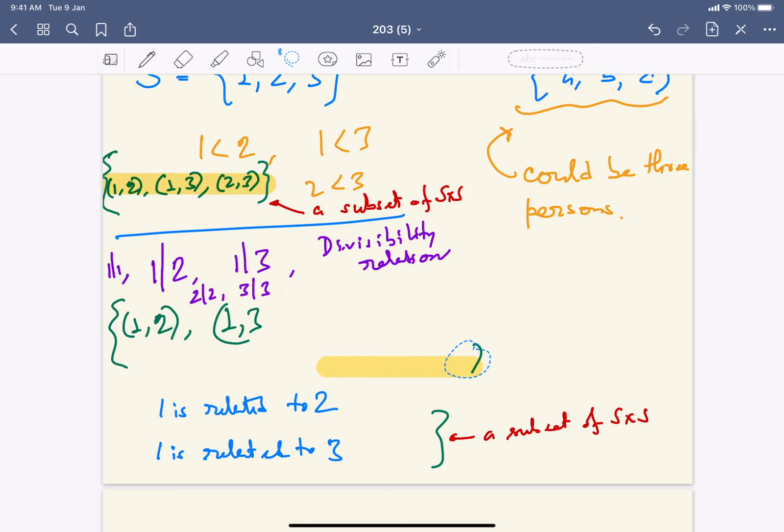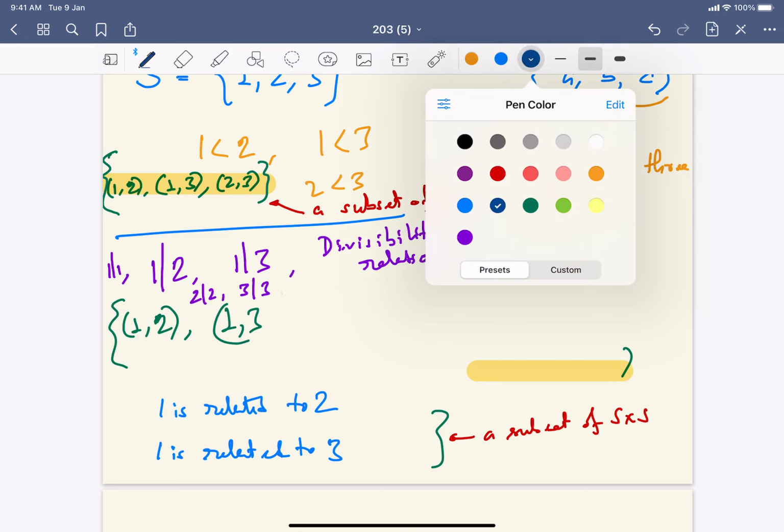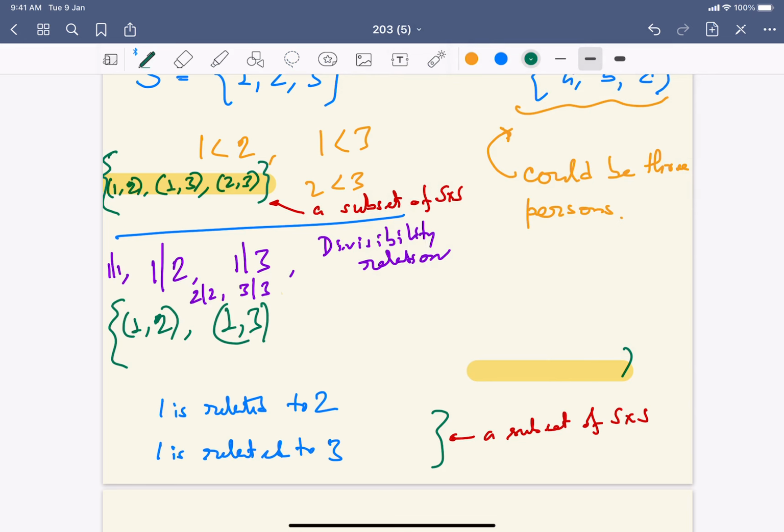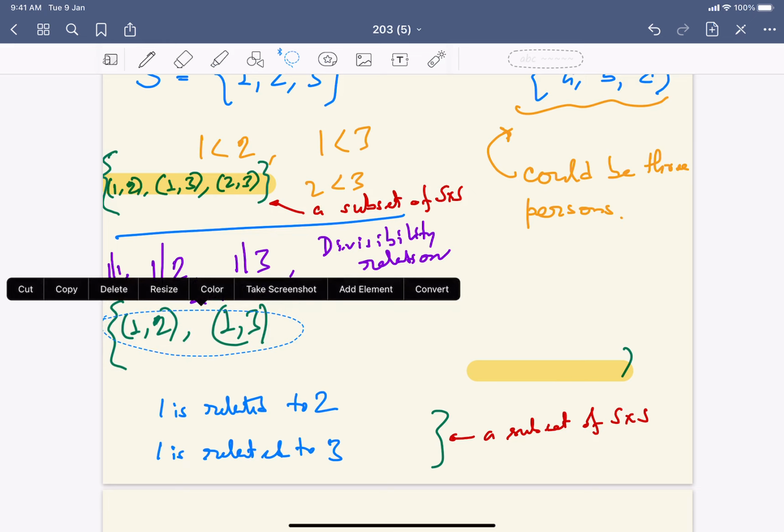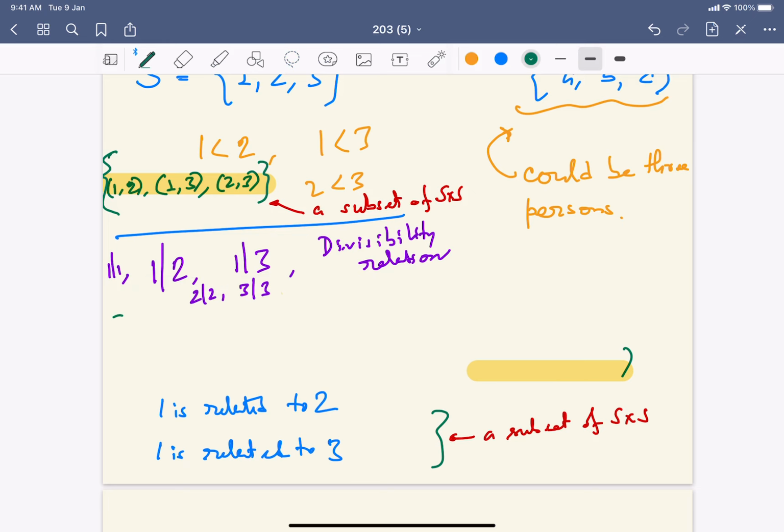Along with all this that I have here, I should have included, or maybe let me just rewrite it. So this should have been 1 1, 1 2, 1 3, 2 2, 2 3, and that's all.